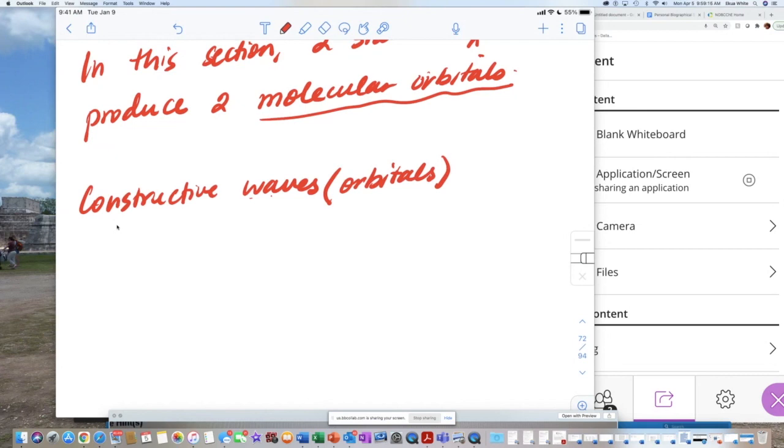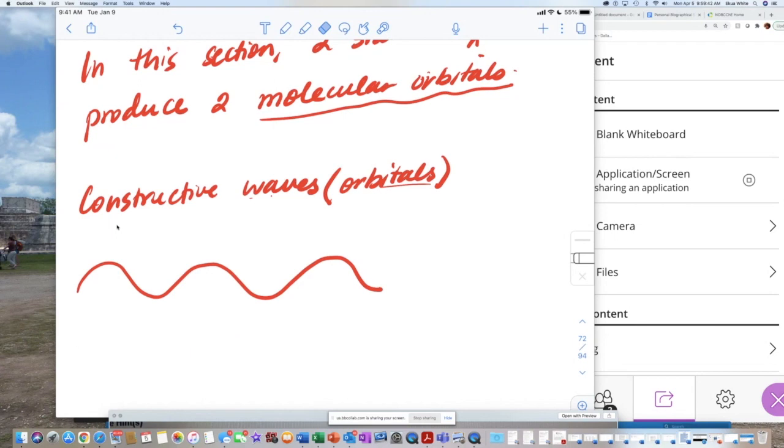They have wave behavior. They have electron behavior, they have particle behavior, they have wave behavior. So the orbitals, we're focusing now on the wave behavior. When they're constructive, you have the highest points of the waves overlapping. So this is the part I was trying to illustrate, like that. They're in sync.